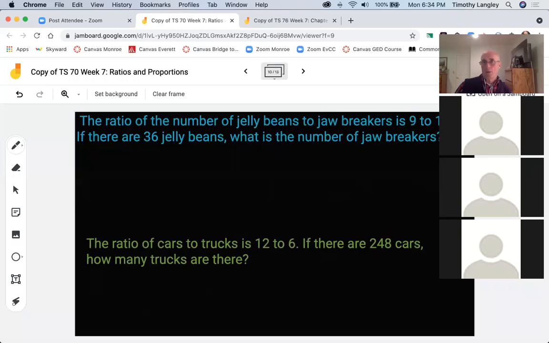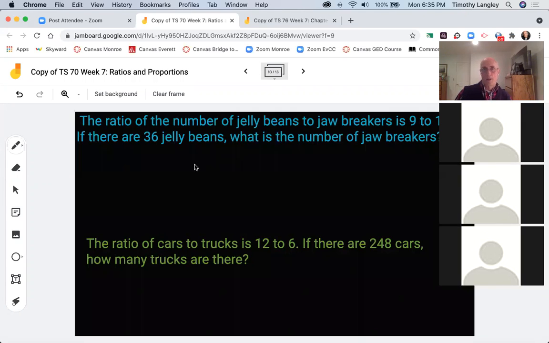Okay, let's do another one. The ratio of the number of jelly beans to jawbreakers, so jelly beans is the first number. I'm really emphasizing that. Jelly beans is the first number, jawbreakers the second number, is 9 to 15. If there are 36 jelly beans, what is the number of jawbreakers?